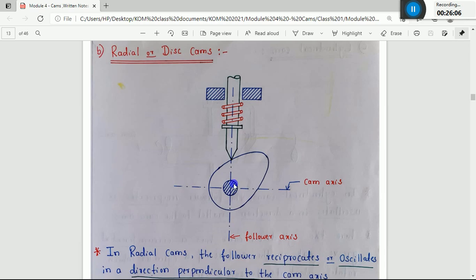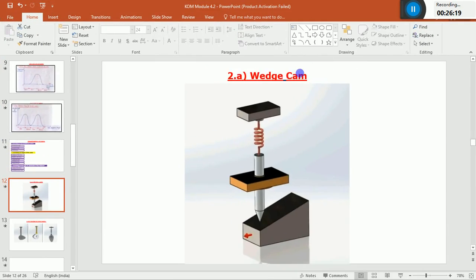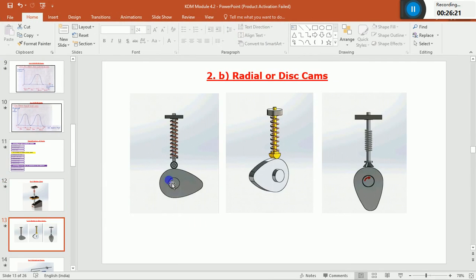These are the two features of radial or disc cams. Again, I can show the animation to see which are the disc or radial cams. So all these three things come under radial or disc cams.